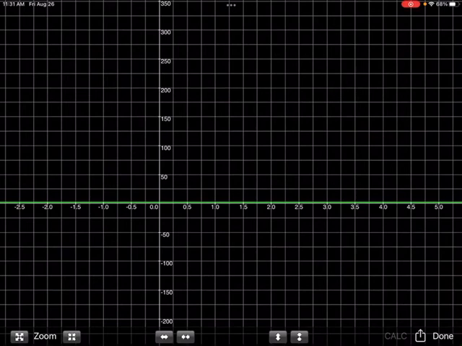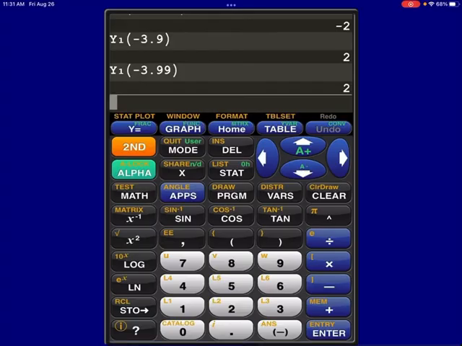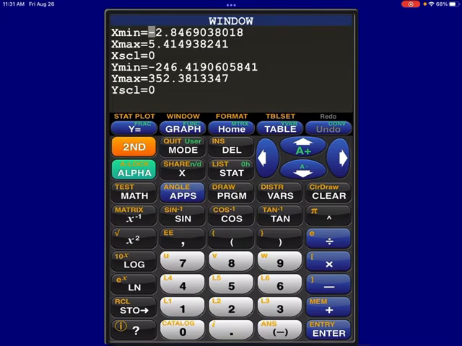But second window maybe. Yeah, so on my x minimum, I'm going to say -5. My x max, I can keep it at say -3 if I wanted to. My y minimum, my lowest y value, I would go -3, and my y max value, I'd go +3.